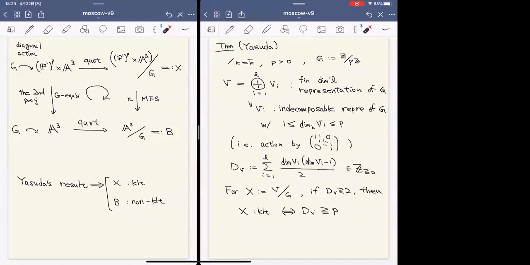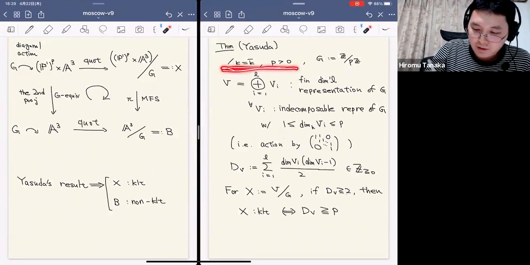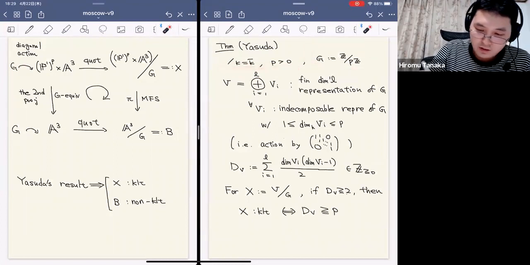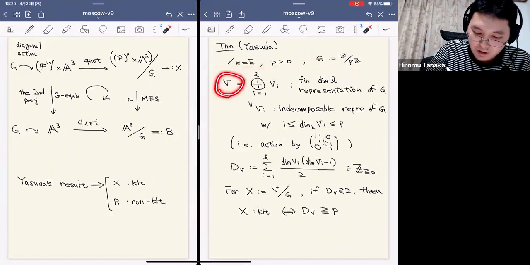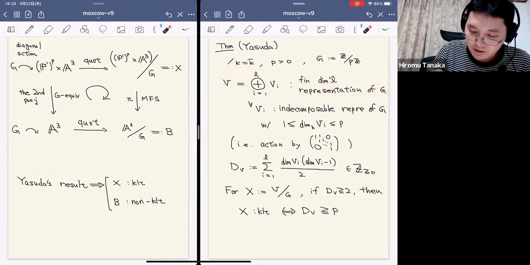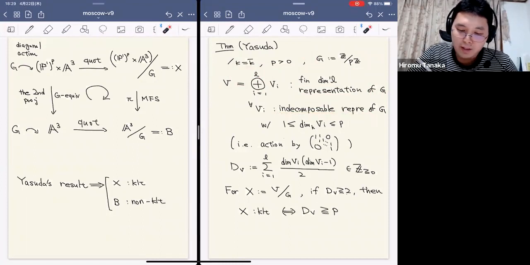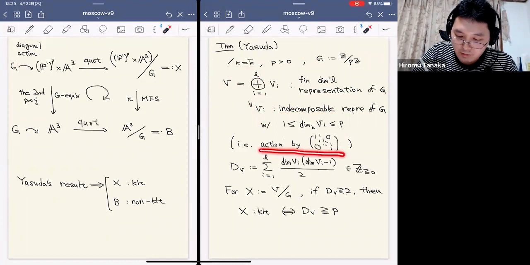Okay, thank you. So we work over a larger cross field, and G is as before, Z of PZ. We take a finite dimensional vector space with G action, so a finite dimensional representation. Then this direct sum is just a decomposition into indecomposable representations, which means that each dimension is from 1 to P, and the action is given by this Jordan form.